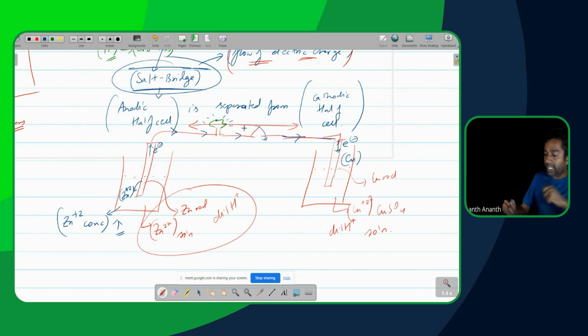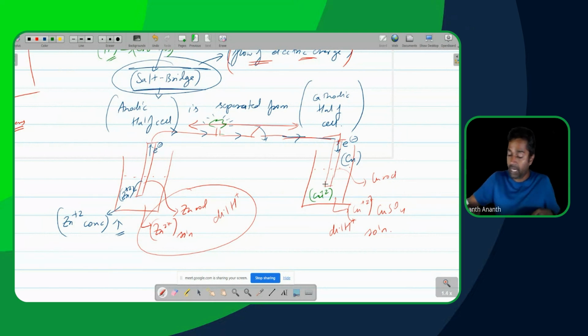Now when they reach the copper electrode, the copper 2+ present in the solution is going to accept the electrons coming through the copper rod, and get deposited onto the copper rod. So we have copper 2+ getting deposited and becoming more copper, getting added onto the copper rod. That's effectively what happens.